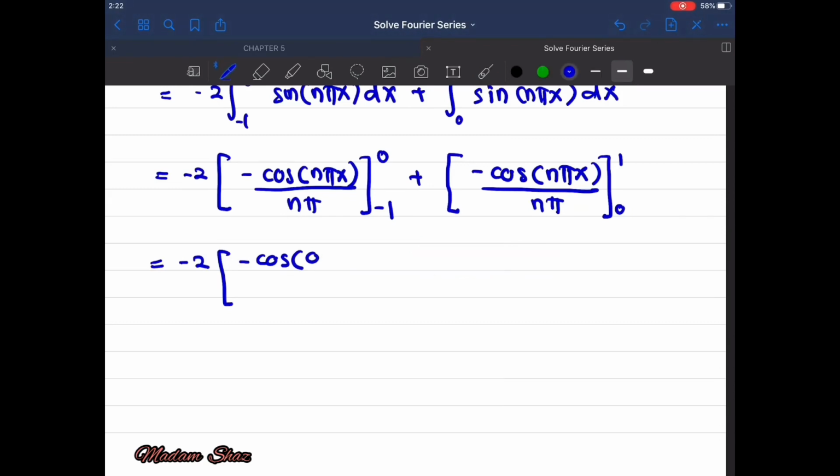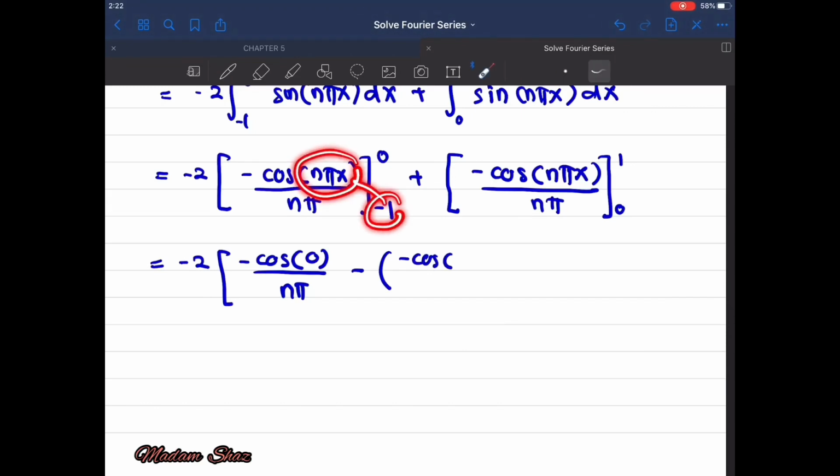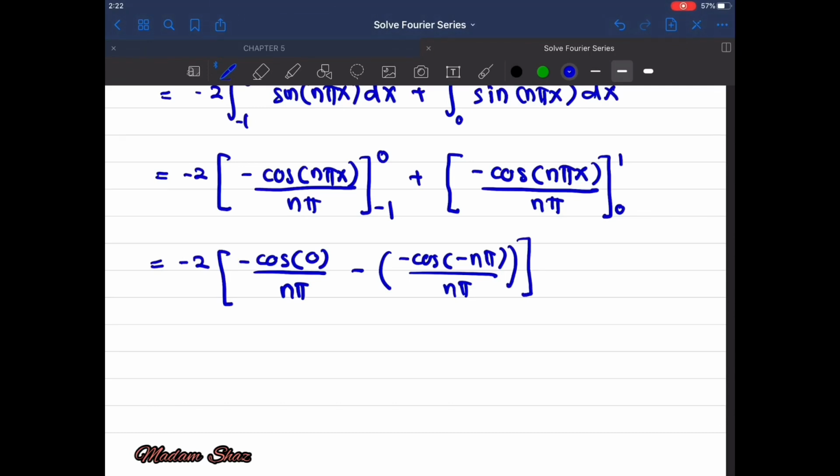So this one will become cos of 0 divided with n pi minus. Make it in bracket because we have minus cos n pi x, x become -1, and pi multiply -1 will become negative n pi. So therefore this one negative n pi divide with n pi. Close the bracket plus.